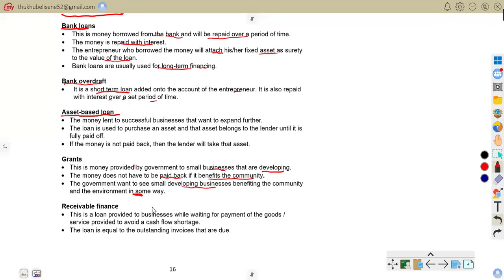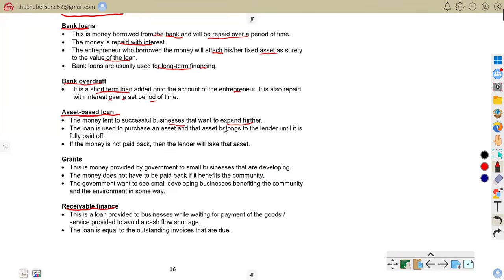Now we have receivable finance. Sorry for that confusion, we're under asset-based loan first. An asset-based loan is money lent to successful businesses that want to expand further.